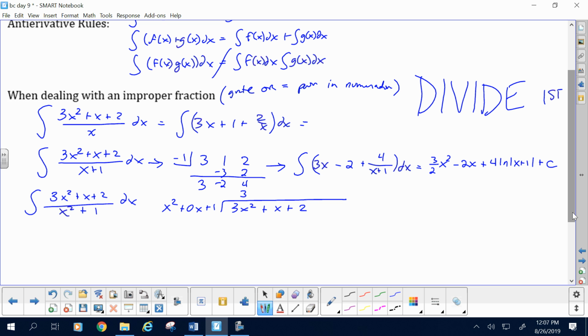Then what do I do? Then you multiply. You remember how to long divide? Okay. Well, you multiply the divisor by that and write it here: 3x squared plus 0x plus 3. And then you change signs and draw the line. No x squareds, x minus 1, yeah?